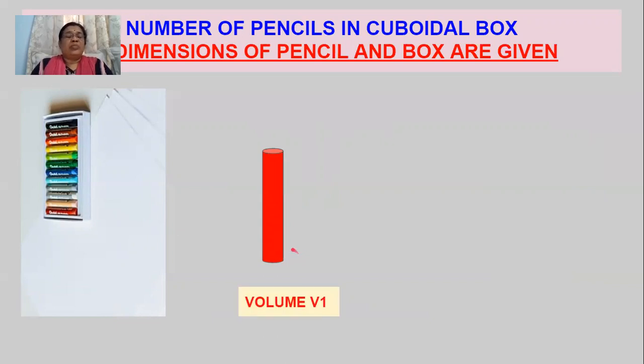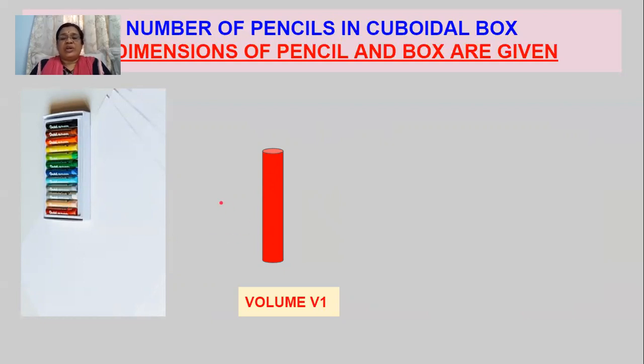And what is the shape of this box? Yes, the box is in the shape of a cuboid. So in a cuboid pencil box, the pencils were kept. You can find the number of pencils in this by taking the volume of the cuboid and the volume of each pencil.